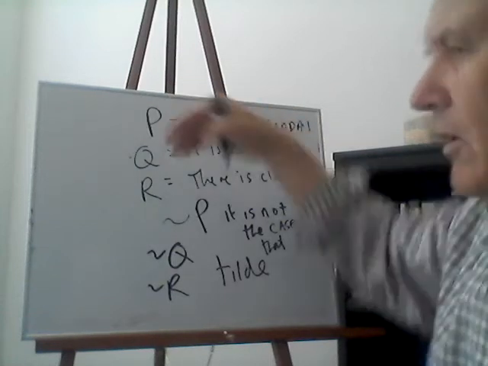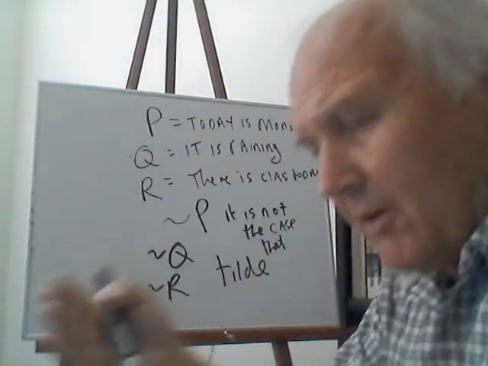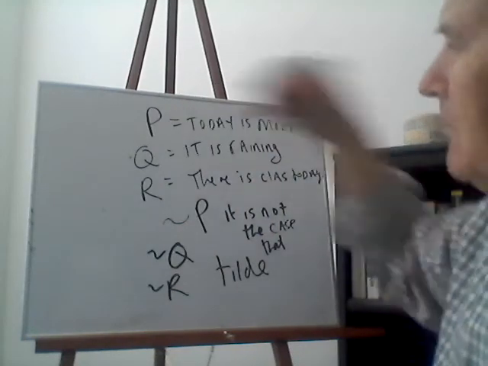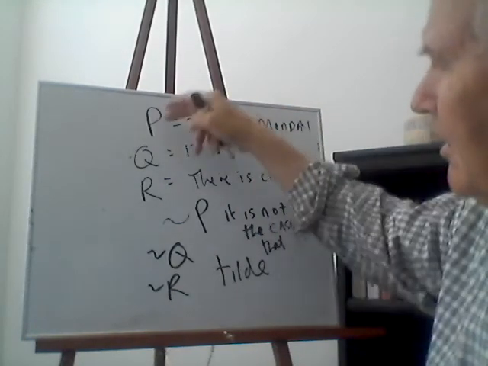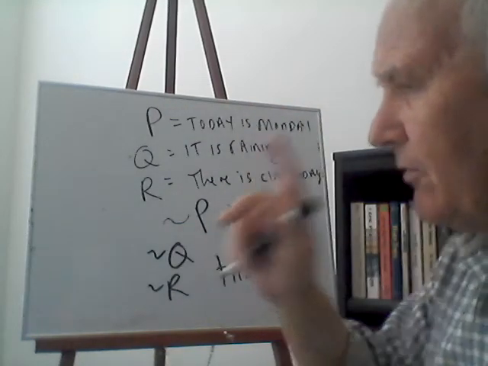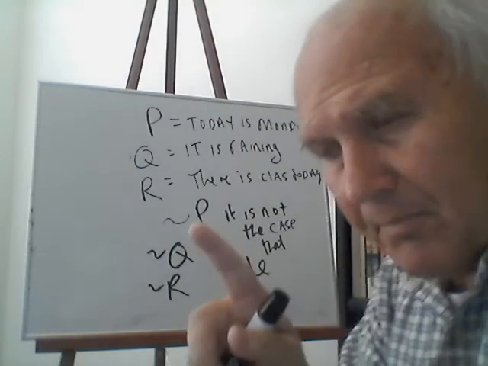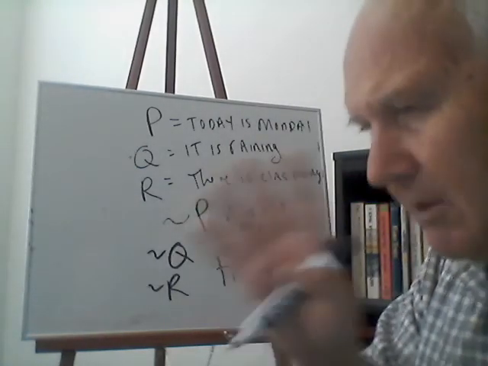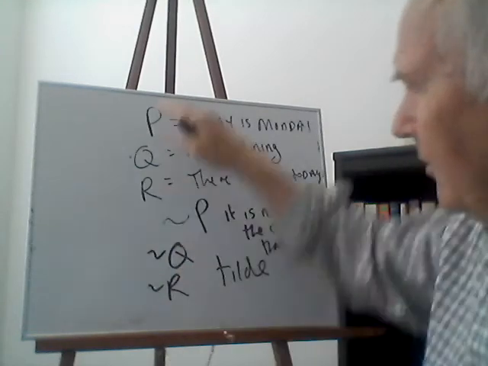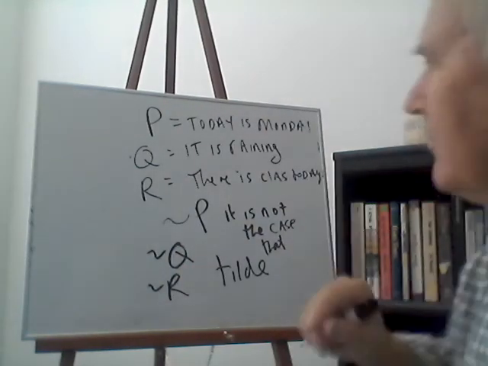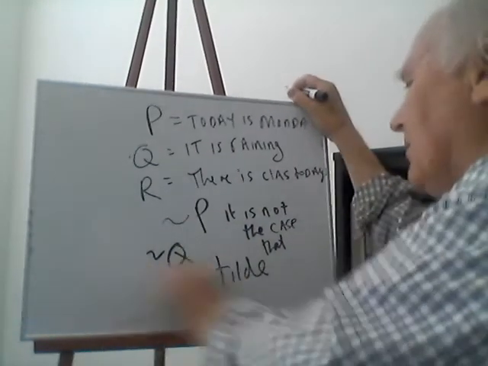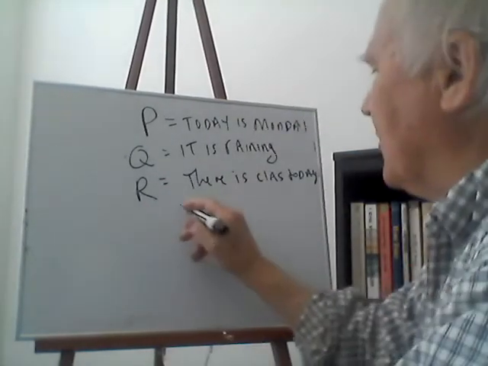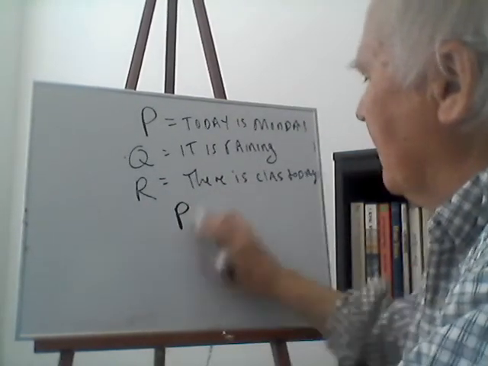These statements are called statement letters or sentential letters. Every statement letter is going to be true or false. Propositional logic is truth functional, which I'll explain in a second. But first, we're going to start with the very basics. If you take any statement letter, P for example, it's either going to be true or false.